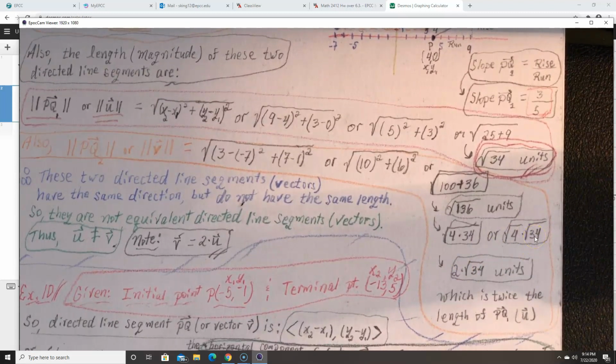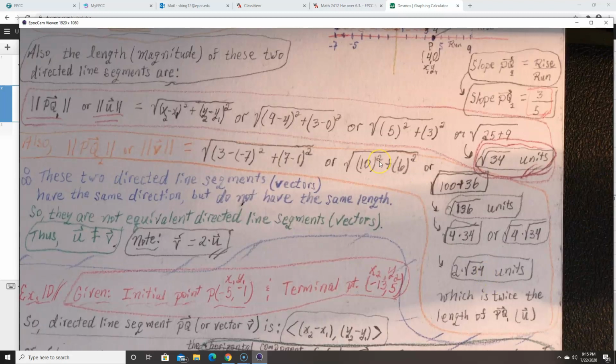The square root of 34, 34 is not a perfect square like 25 is, and 36, and 49, and so forth. So we cannot take the square root of 34, and you can't break it down anymore into 2 factors. Well, you can, like 2 times 17, but neither 2 nor 17 is a perfect square, so we're stuck. So we need to leave it as the square root of 34. So it becomes 2 times the square root of 34.